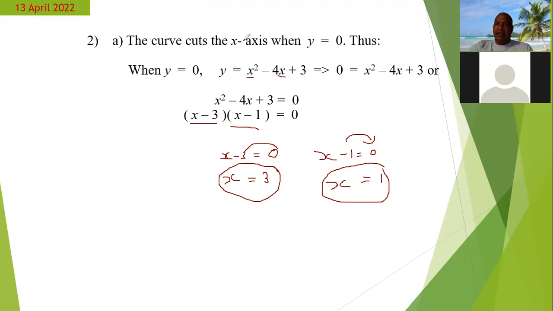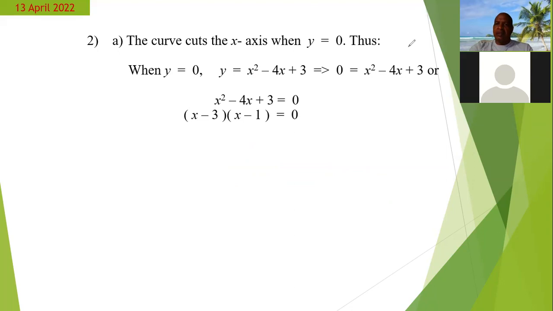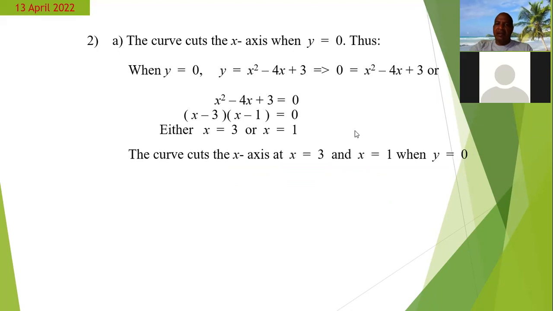All right, so when we solve x equal to 3 or x equal to 1, now we know that it would cut the x-axis at, remember, we already know what y should be at x equal 3 and x equal 1, because remember, y would be what? Y would be equal to 0.